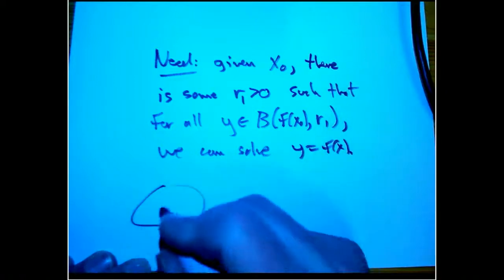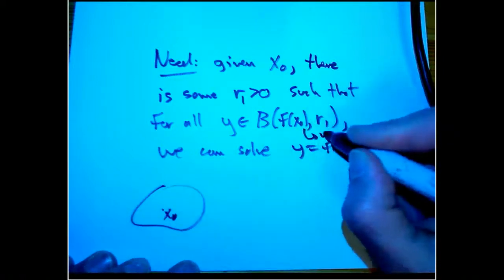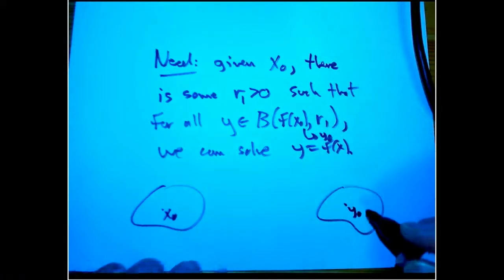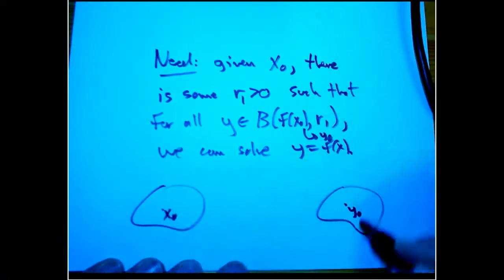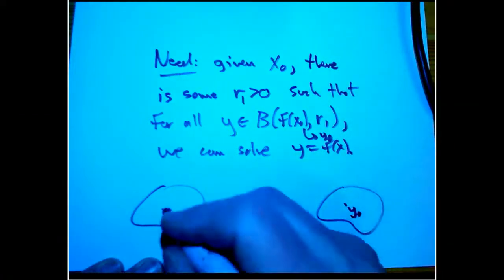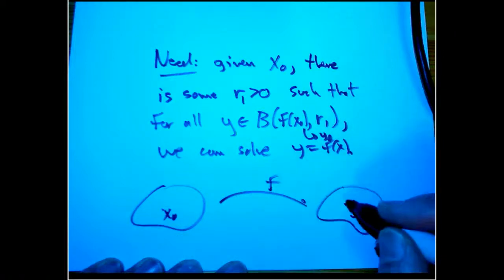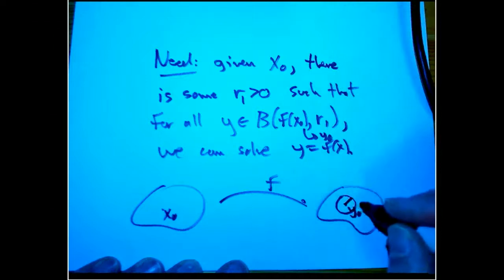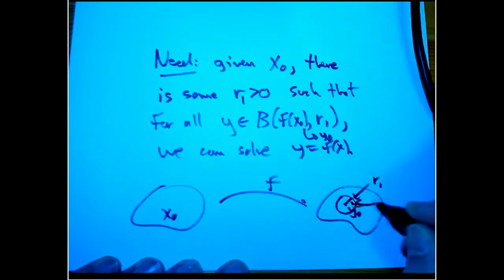So here's our x naught, and of course we're going to call that y naught. So here's f, and I don't need to know that everything is hit in Rn here, but I need to know this whole ball is hit. So here's radius r1. Here's some other point y.